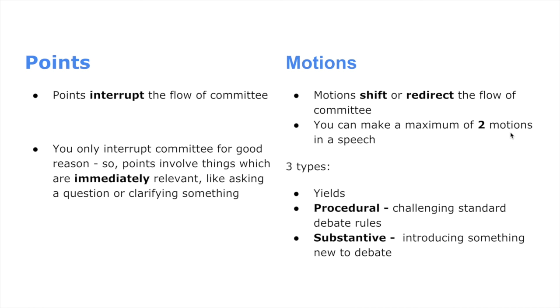As another example, you can't motion to hear an amendment, and motion to end debate, and then if both of those fail, you can't then motion to yield time to fellow delegates. So again, it's a maximum of 2 motions in a speech.